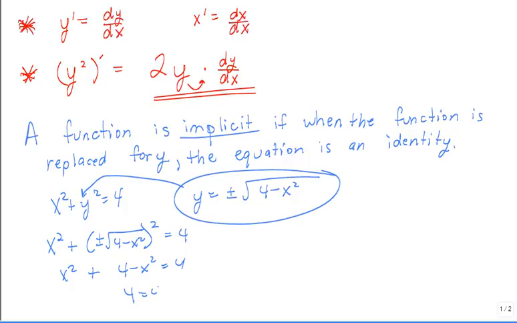We get 4 equals 4. That's an identity. So when you solve for y, if you can, and substitute it back in, then we say that's an implicit function. But again, sometimes it's really, really difficult to solve for y, so we're not going to do it that way.